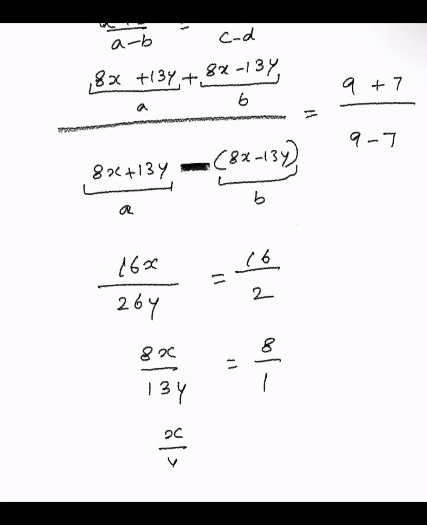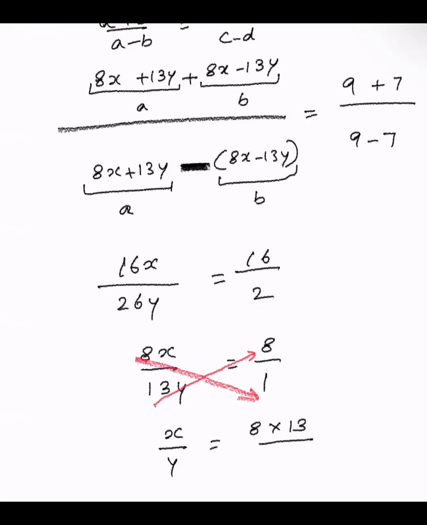X divided by y equal to 8 into 13 divided by 8. See, what I'm doing is leaving x divided by y on one side and taking 8 by 13 to the other side. This 8 will go and sit in the denominator and 13 will go and sit in the numerator.